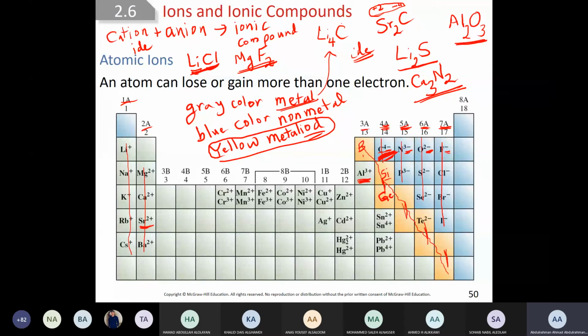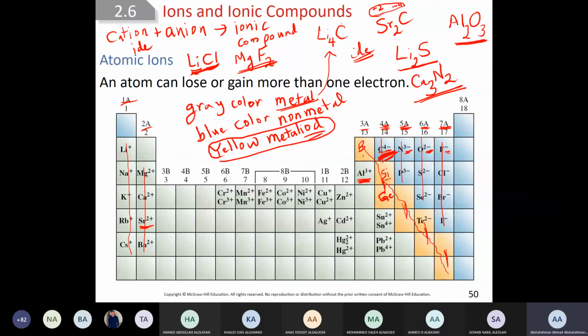Okay, next. Look at the rest of the elements. These are simple elements. They are called the main group elements. They have only 1 charge. But look at the rest. Chromium has the very famous 2 and 3. Most of these are called transition metals.